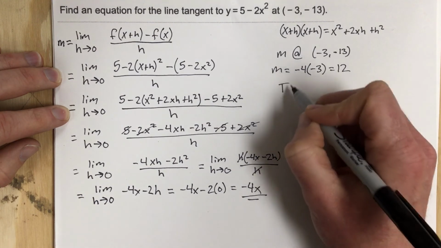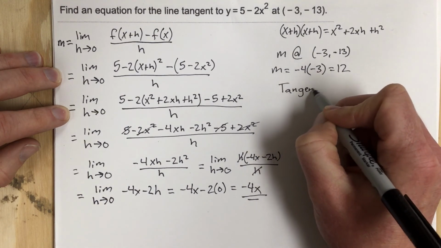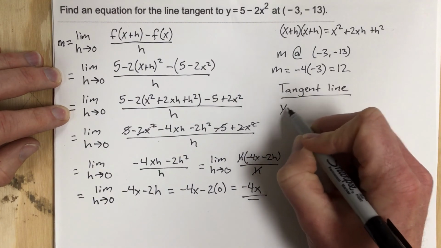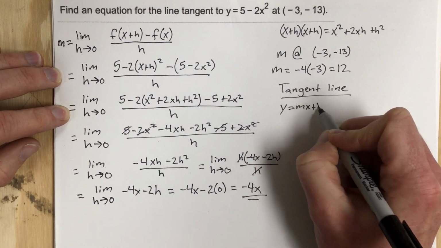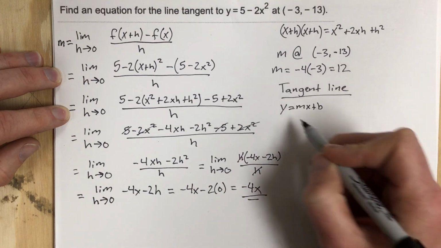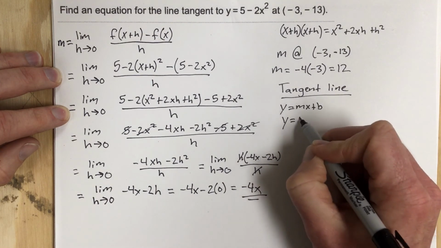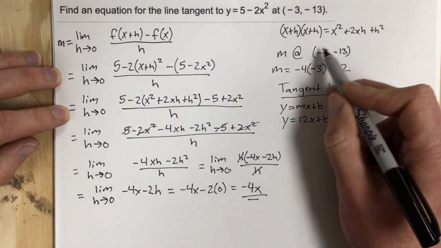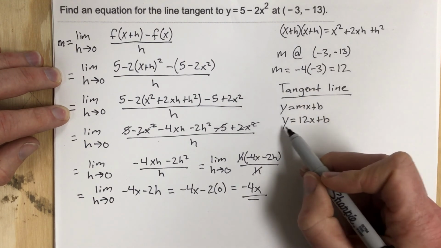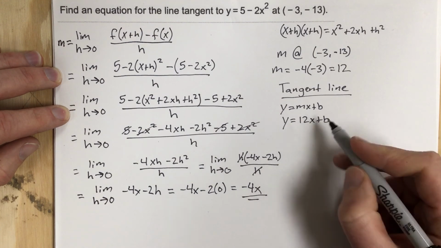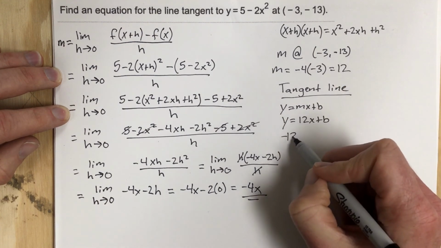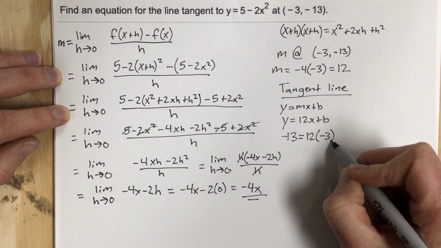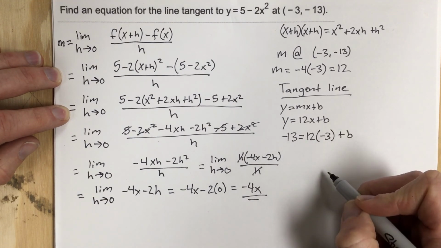So if I want to make the tangent line now, I start with y equals mx plus b. I plug in the slope, which is 12, so I get y equals 12x plus b. And because I need this tangent line to go through this point, I use the point for x and y to find the y-intercept for b. So negative 13 goes in for y, equals 12 times negative 3 plus b.